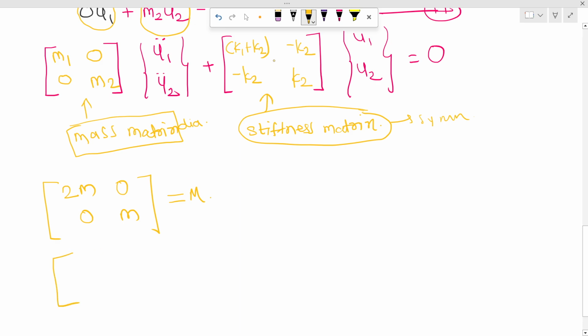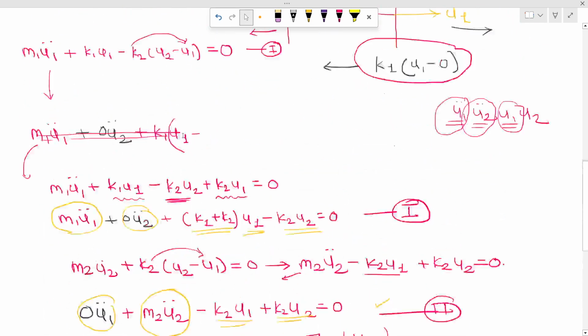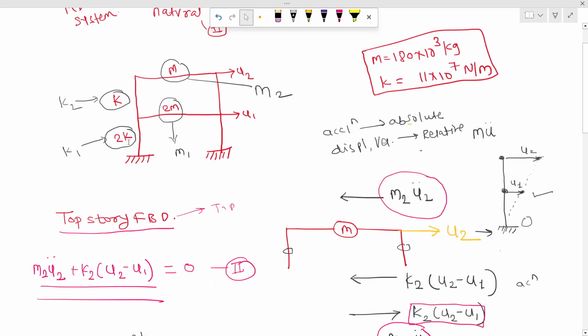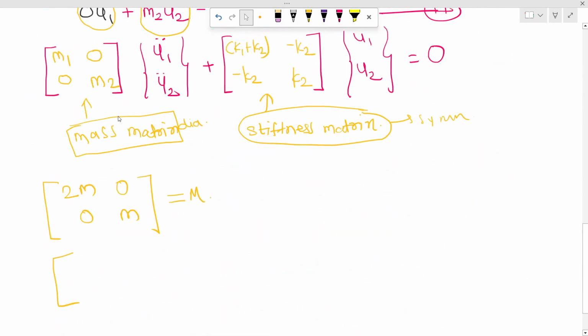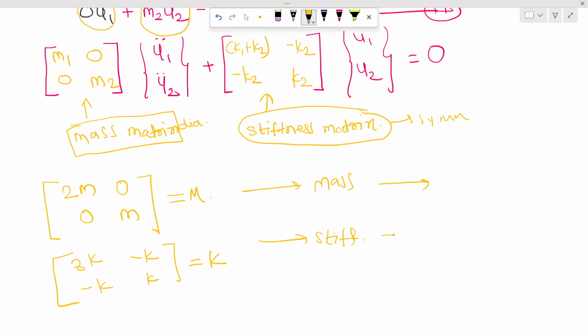And for the stiffness matrix, we know that K1 is 2K and K2 is K. So K1 plus K2, that means 2K plus K, this will become 3K. K2 is K, that means minus K and K. So this is my stiffness matrix. So these are the mass matrix and stiffness matrix for this particular problem. Now you can put the values also.